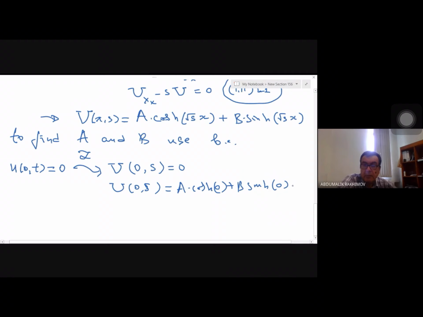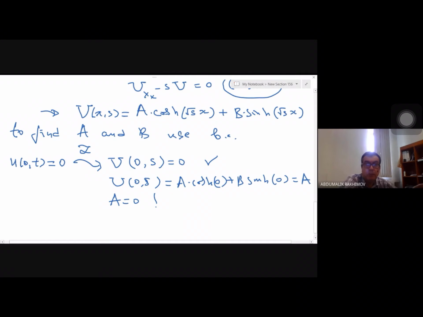Because x is 0, it's equal to a, since cosine hyperbolic 0 is 1 and sine hyperbolic 0 is 0. Comparing with this, a must be equal to 0. So if a is 0, then U(x,s) is equal to b times sine hyperbolic root of s x.